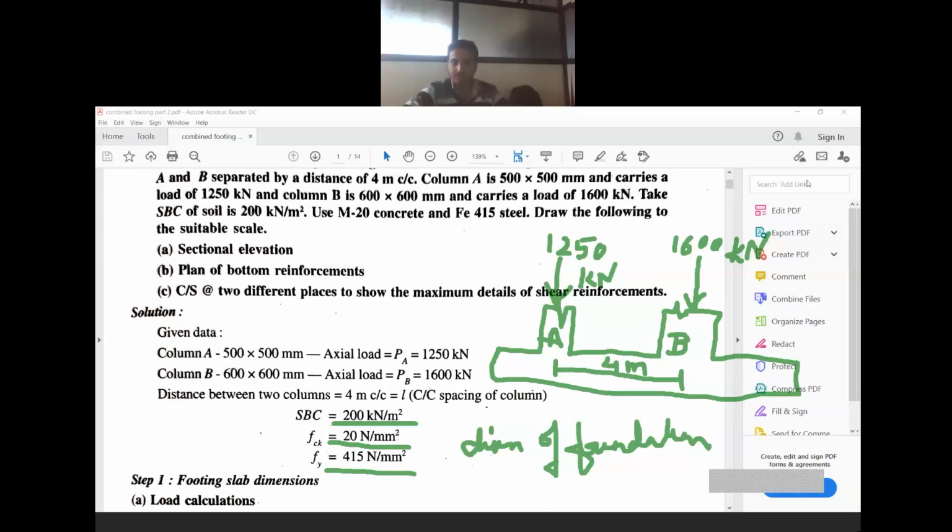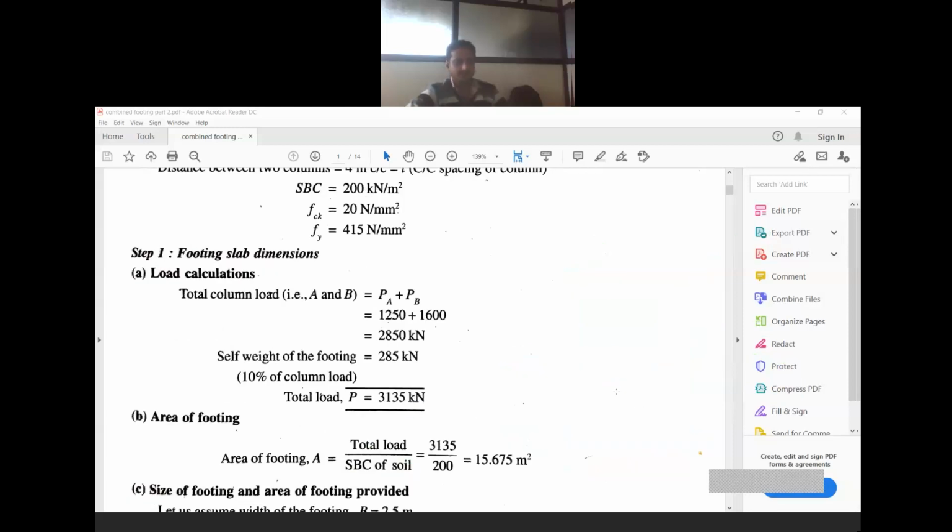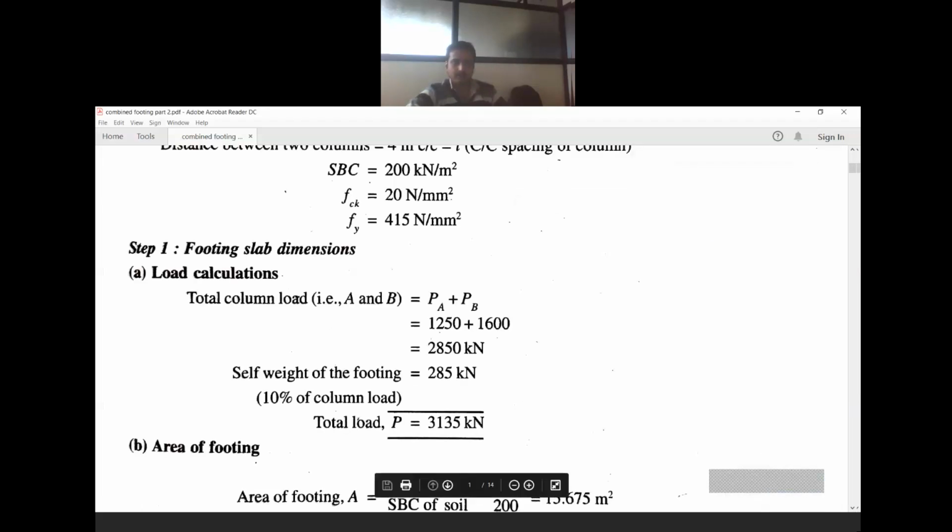We shall continue with the problem. So, first step is we have to calculate the loads. Total column load: previously we had calculated the total load of the columns. Column A total load PA is 1250, column B load is 1600.